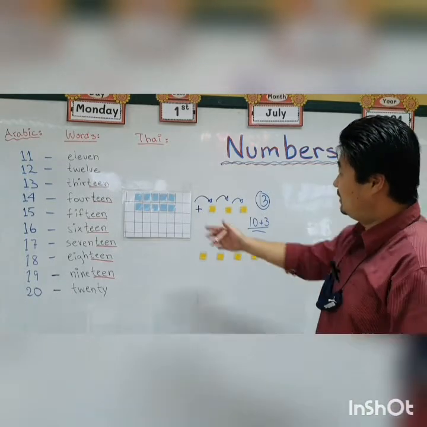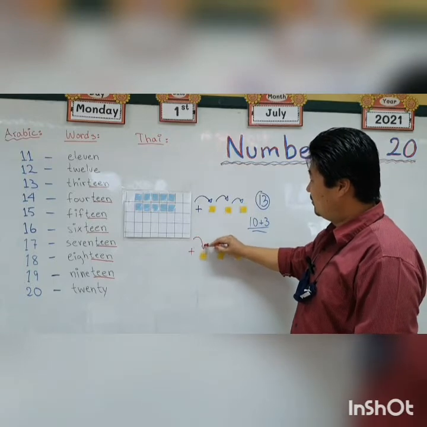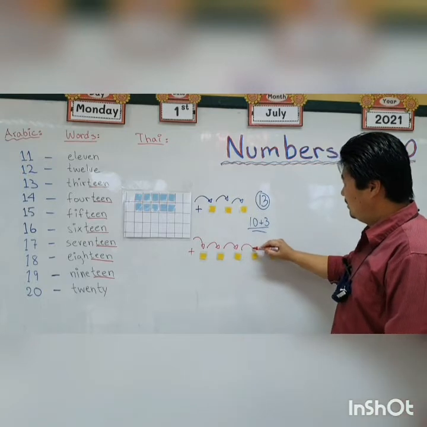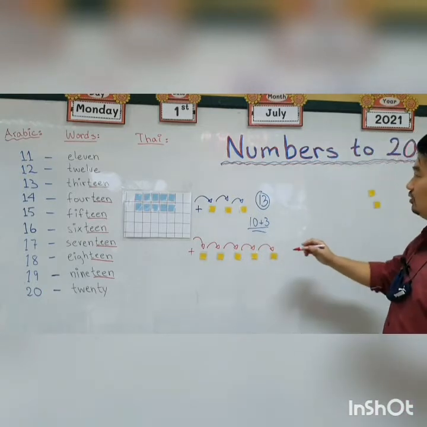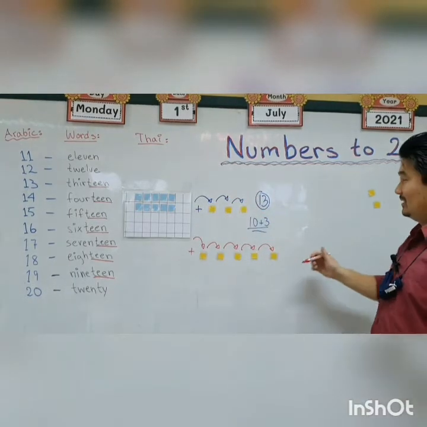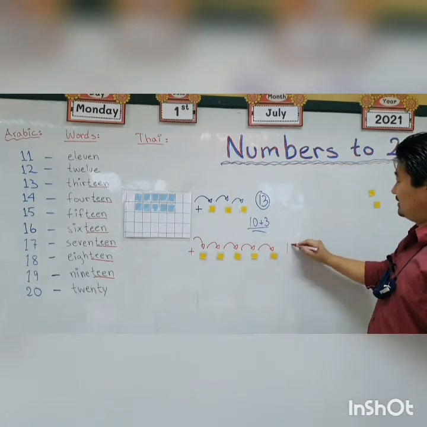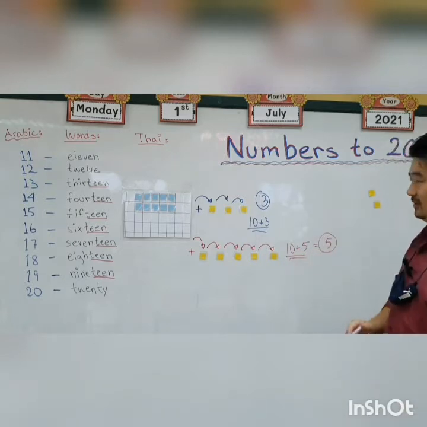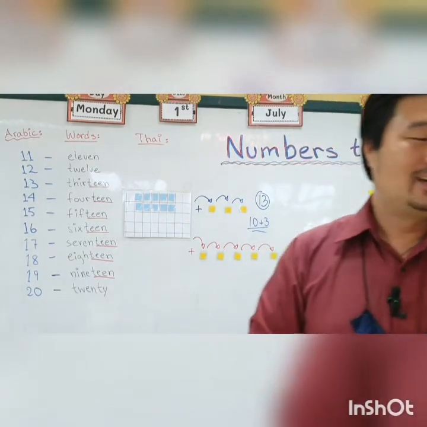Okay, so we still use these 10, 10 plus, then we count on 1, 2, 3, 4, and 5. So what is that? How many do you have here? 5. So you have 10 plus 5 equals 15. Okay? Do you understand? Alright, let's do one more.